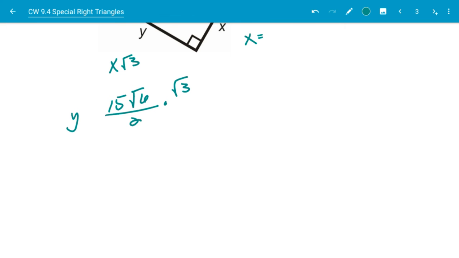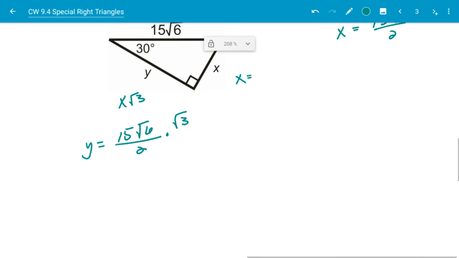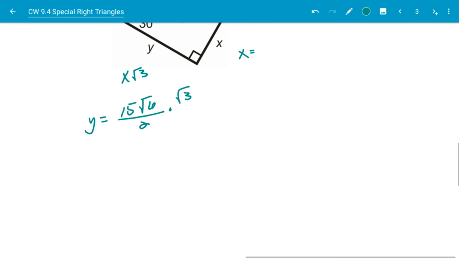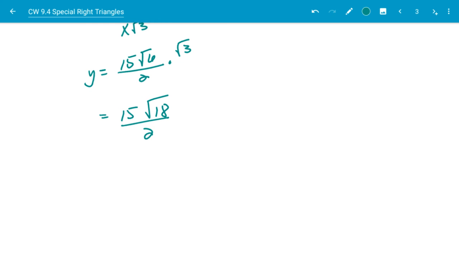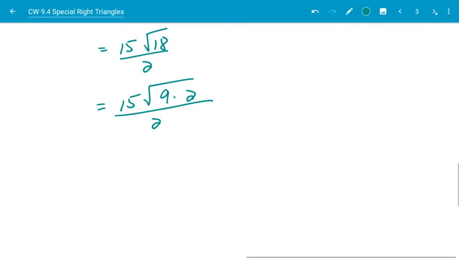So then this is what y equals, my short leg times the square root of 3. So then I'm going to have 15 square root of 6 times the square root of 3, which is the square root of 18, divided by 2. And I can take a perfect square out of the square root of 18 because that's equal to 9 times 2, divided by 2.